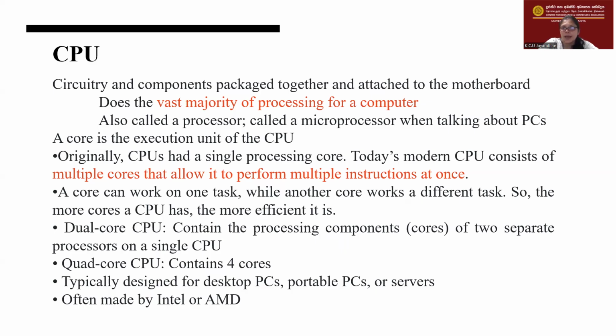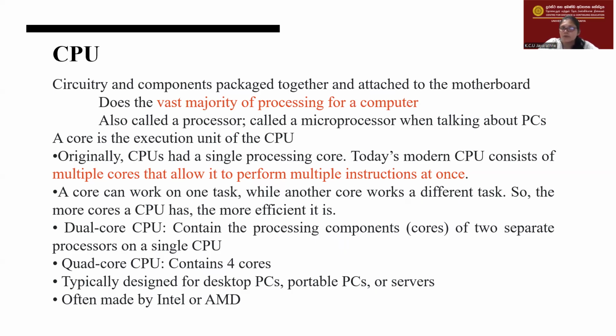If the computer has one core, it is not that fast or that reliable to work. If you have multiple cores in your CPU, it's faster than a one core CPU. That's the main thing you have to memorize in the CPU course.